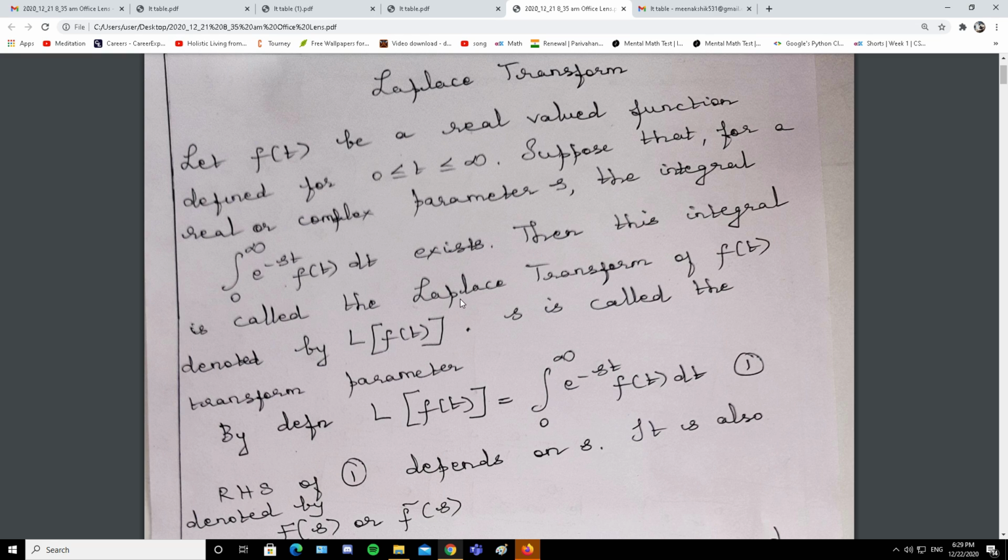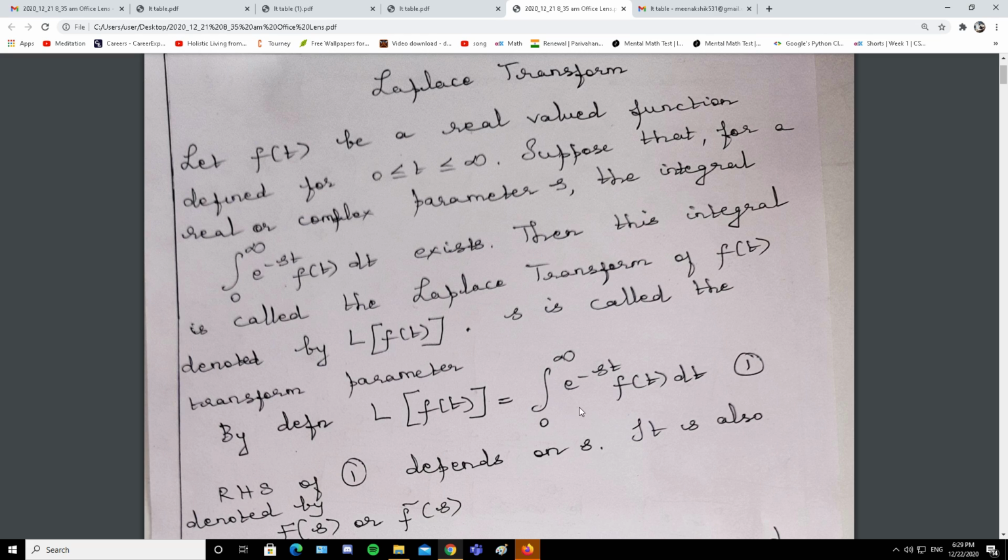It is named after the mathematician and physicist Laplace. So the integral from 0 to infinity of e power minus st f of t dt, if it exists, is called the Laplace transform of f of t, denoted by L of f of t.